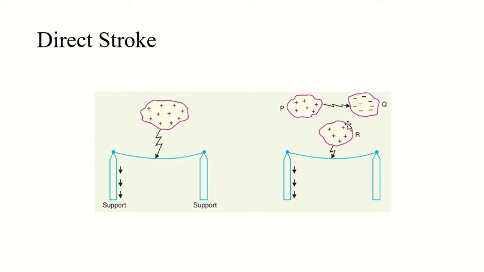The charge on cloud Q is bound by cloud R. If cloud P shifts too close to cloud Q, then the lightning discharge will occur between cloud P and cloud Q, between the clouds which are moving closer to each other. And then the charges of both of these clouds will disappear quickly.